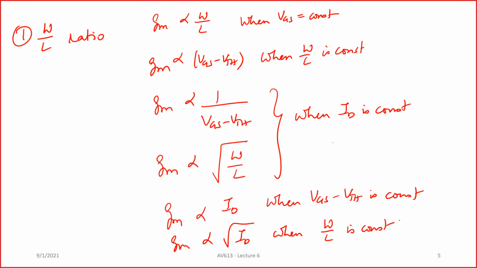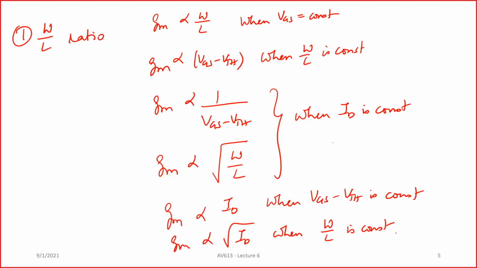GM is one of the most crucial parameters, and you must know how it varies with different parameters. For example, you might bias the transistor with a certain constant amount of current. Then what happens? As you reduce VGS minus VT, your GM will increase.